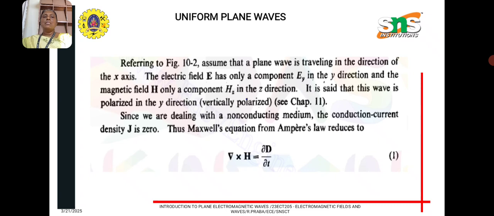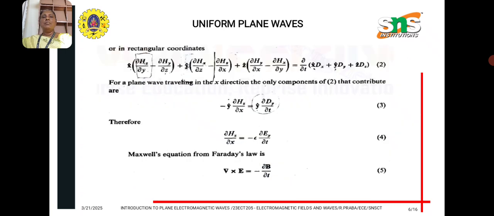So, Maxwell's equation derived from Ampere's law has only the displacement current density ∂D/∂t, and so del cross H can be written as ∂D/∂t, which is equation 1. Expanding this in rectangular coordinates, we get minus y into ∂Hz/∂x equal to y vector ∂Dy/∂t.